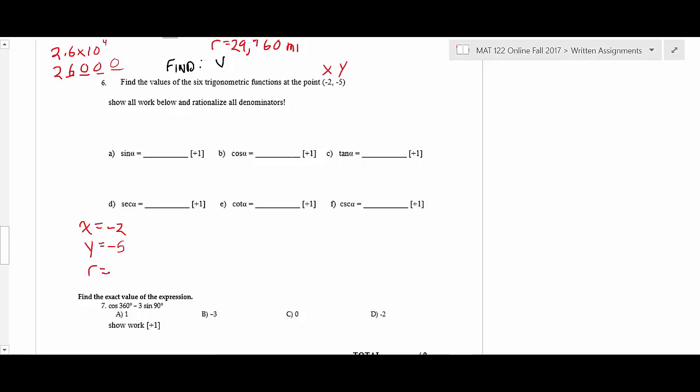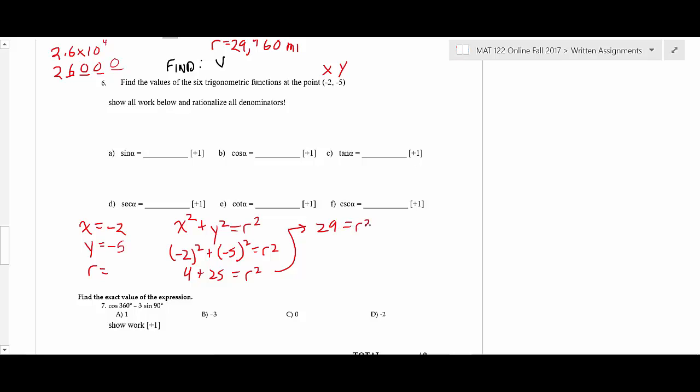You must find r, and you do that by the formula x squared plus y squared equals r squared. That's the Pythagorean Theorem. So you'd have -2 squared plus -5 squared equals r squared. So that's 4 plus 25 equals r squared. I'll move this over here, and I'll get 29 equals r squared.